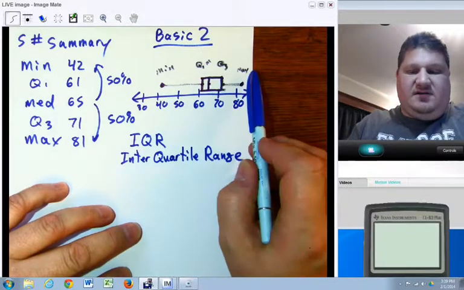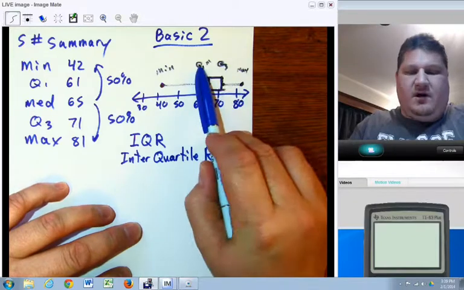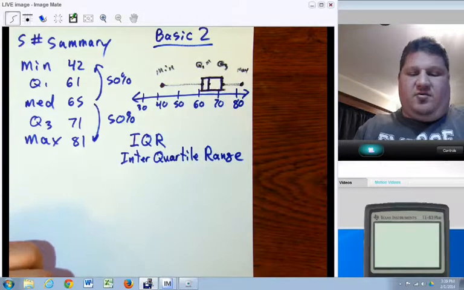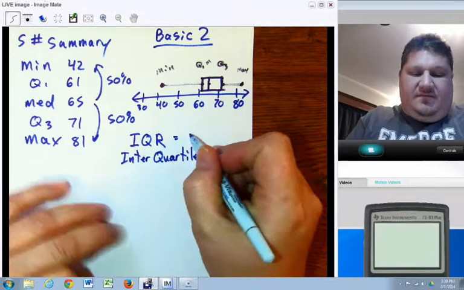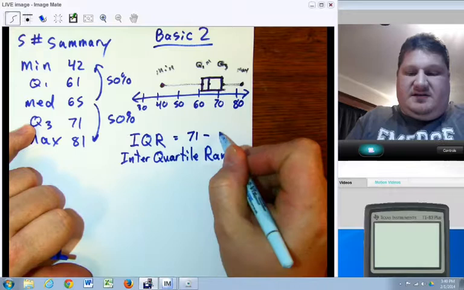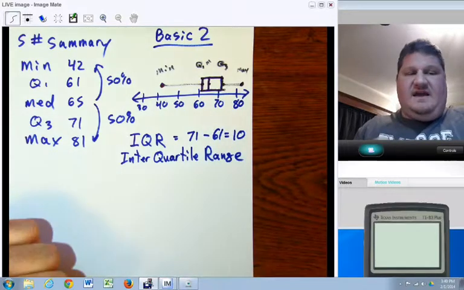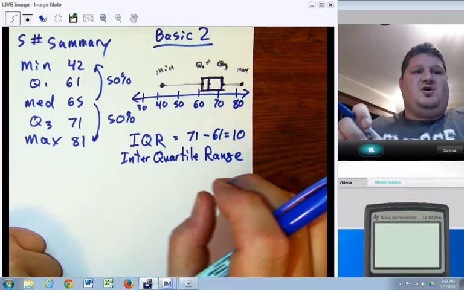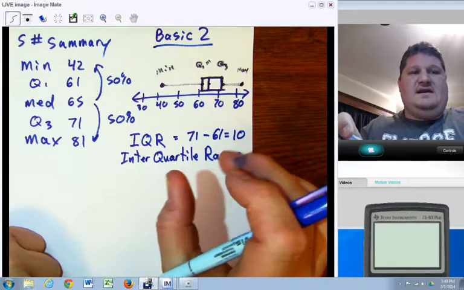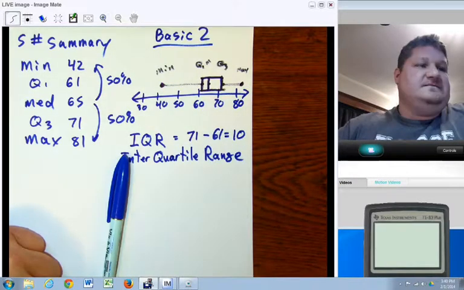Technically, we talked about each of these as a quartile, but between the ones labeled Q3 and Q1, that interquartile range, or IQR, would in our case be 71 minus 61, which is a value of 10. 10 is the value of our IQR. That's another way to measure our spread, how widely our data is spread, but just the inner 50%.